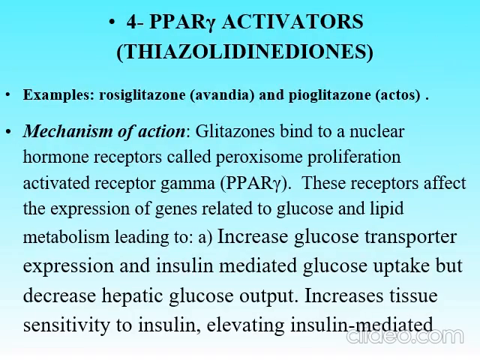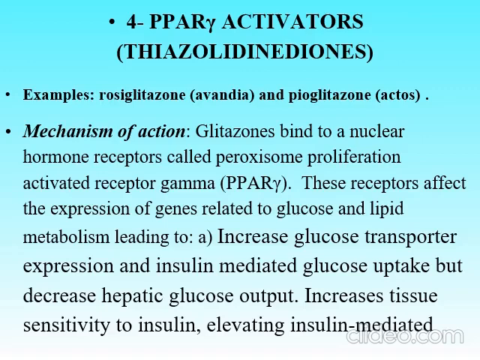The other group, thiazolidinediones or PPAR gamma activators. This group acts by activating a certain nuclear hormone receptor named peroxisome proliferator-activated receptor gamma, or PPAR gamma.